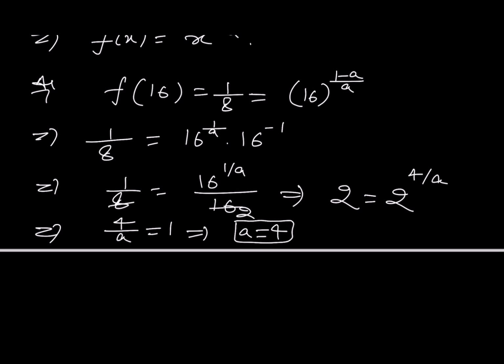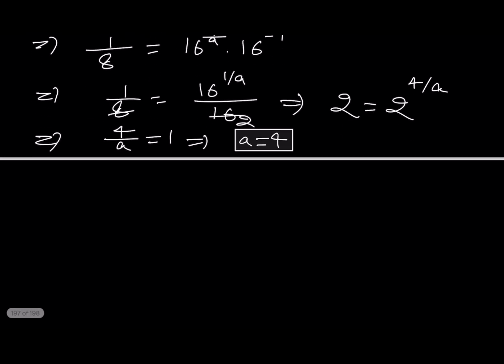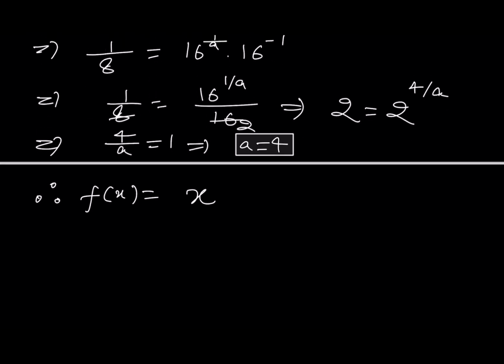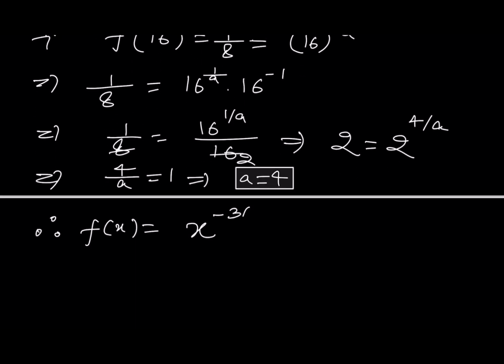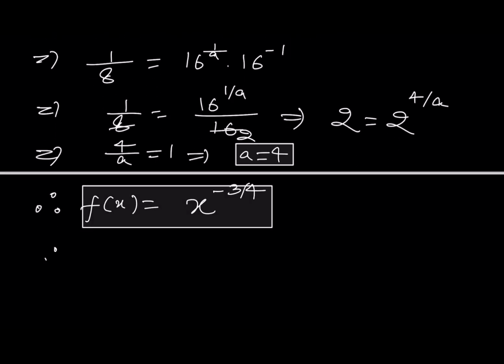Okay, now I completely know the f x, right? So f x is x to the power 1 minus 4 by 4, which is minus 3 by 4, right? So here f dash x will become minus 3 by 4 into x to the power minus 3 by 4 minus 1, that is minus 7 by 4, right?